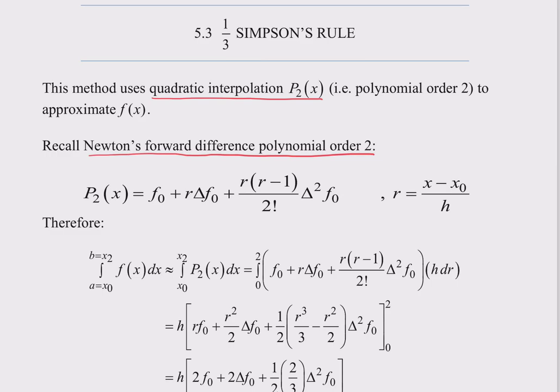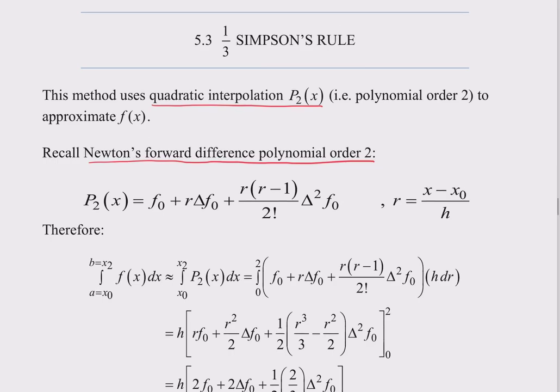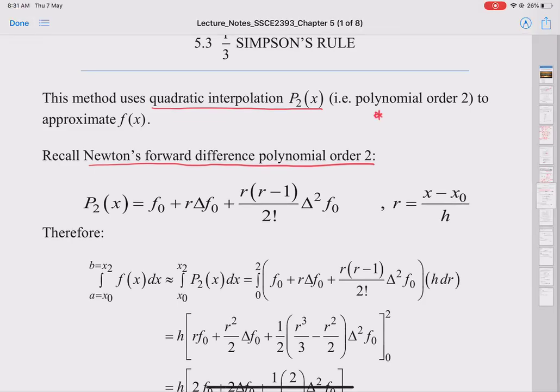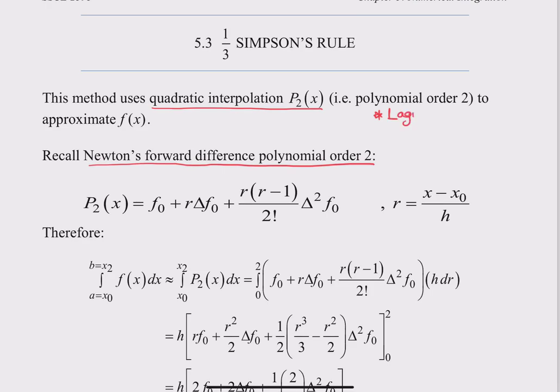you can try again the proof by using Newton forward difference. And let's say if you want to do it by using second order Lagrange interpolation, what you will get is P2(x) is equal to L0(x) F0 plus L1(x) F1 plus L2(x) F2.